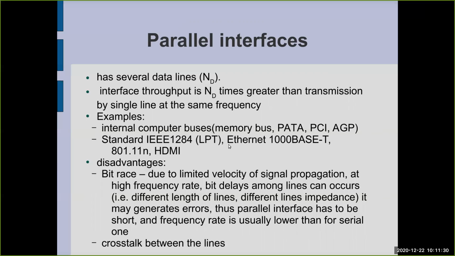Now we use USB. USB is the Universal Serial Bus, so it is not parallel but a serial interface. Ethernet is in the format which I showed you before. Okay, so you can see that mostly the older interfaces are parallel interfaces.